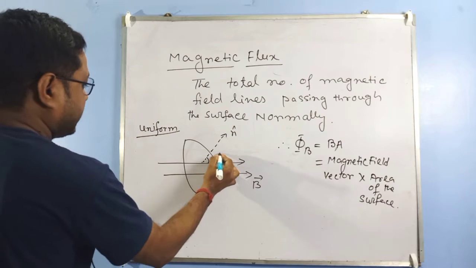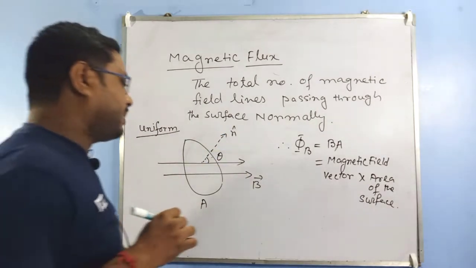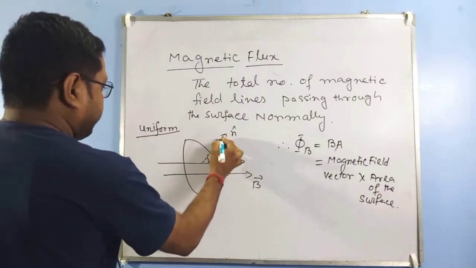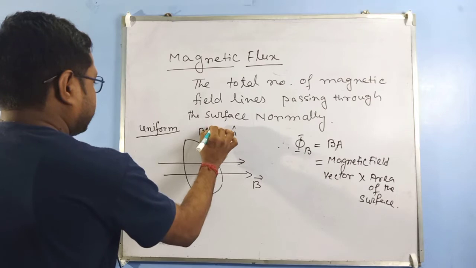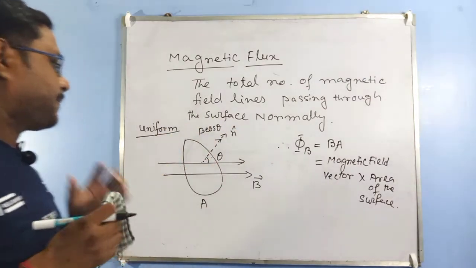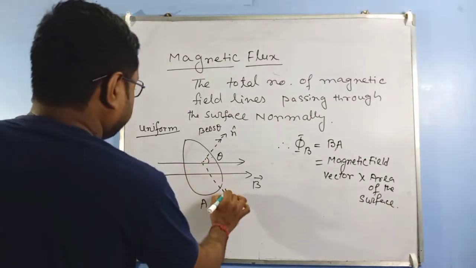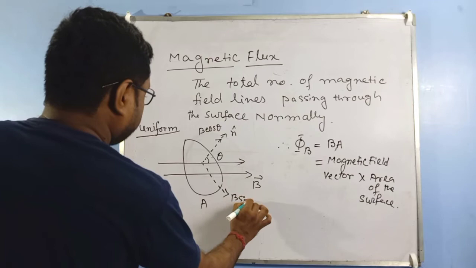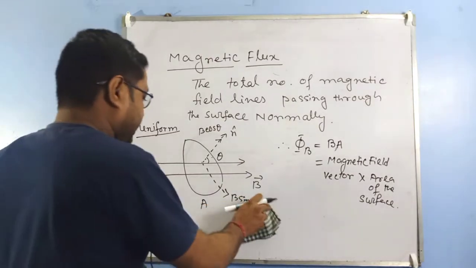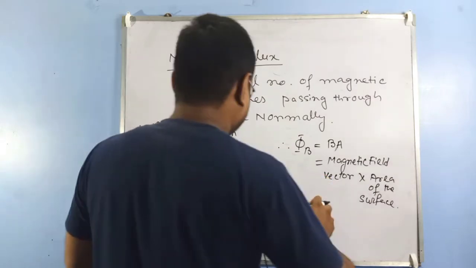If theta is the angle between the normal and magnetic field B, then from vector resolution the component of B along the normal is B cos theta, and its perpendicular component is B sin theta. Here B sin theta is not taken into consideration.